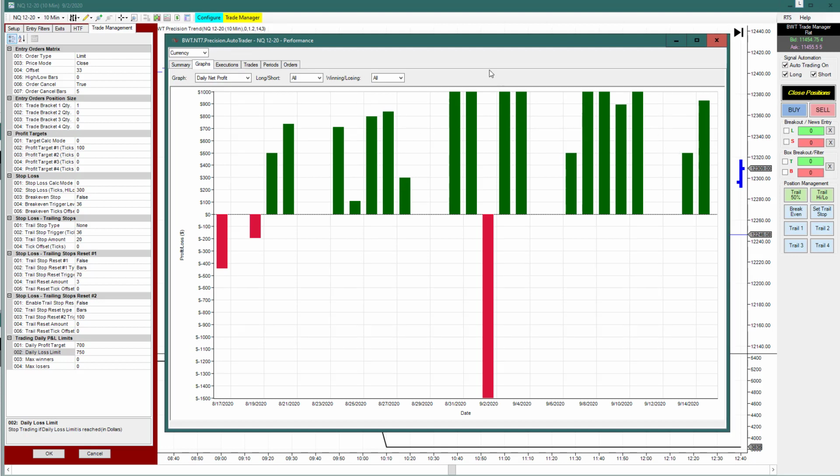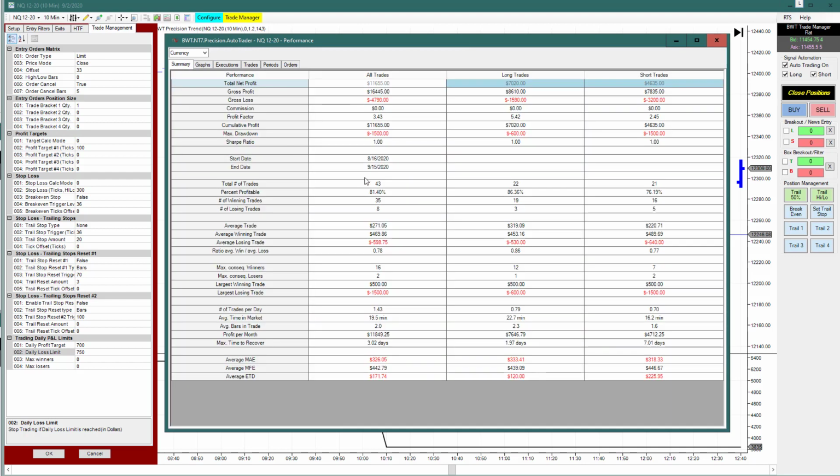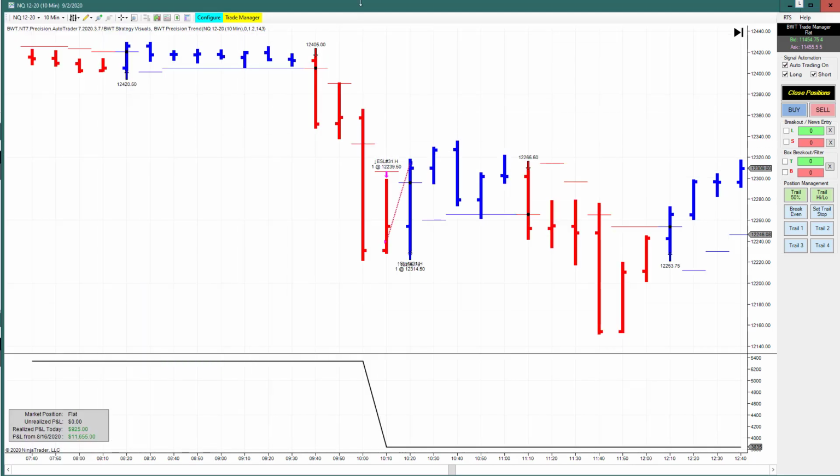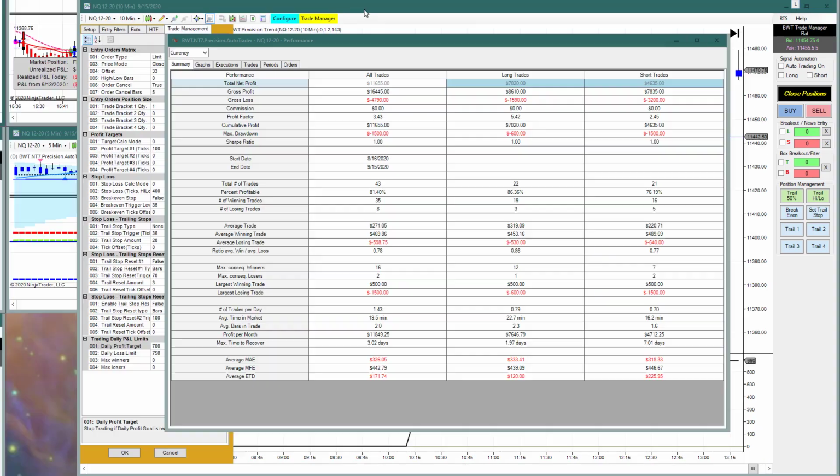So this is the pitfalls of backtesting, but you kind of have to take that into account. A lot of it's overshoot. So I think this backtest is fairly accurate in spite of the pitfalls of backtesting, and this is why I'm always preaching that you can't rely 100% on backtesting.